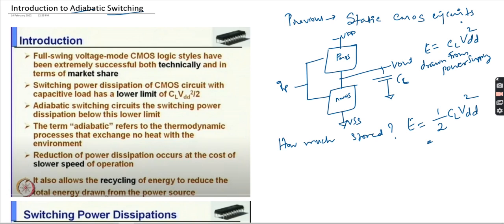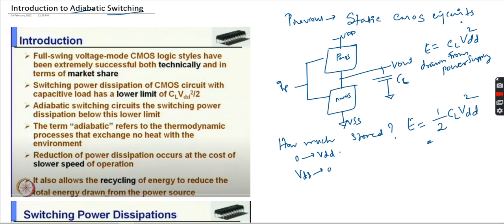This much energy is stored in the capacitor, and the remaining half is dissipated in the PMOS network itself. Now when the output goes from VDD to 0, the energy stored in the capacitor is dissipated to the ground via the NMOS network.